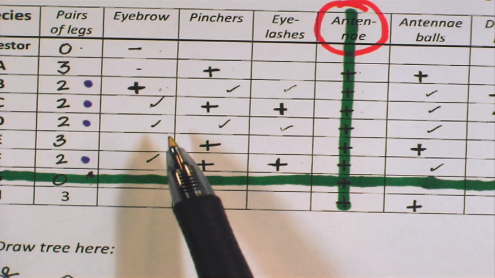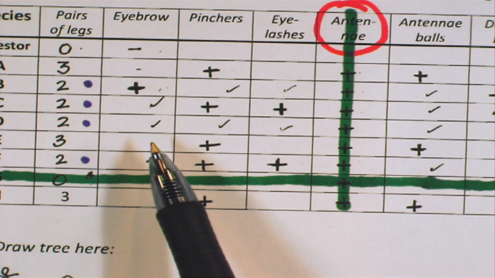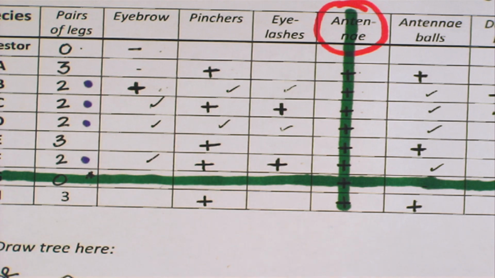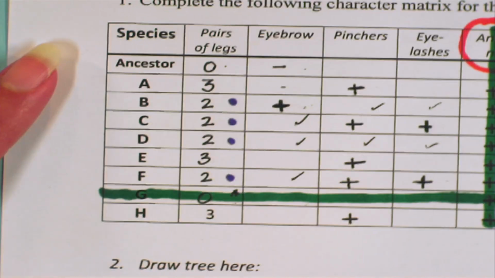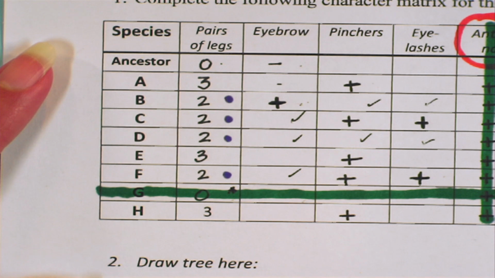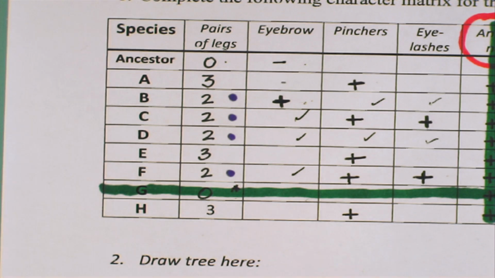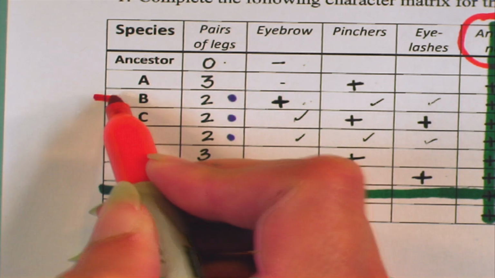As I go through this, I notice that I've probably got two that are going to be rather interesting, and those are D and B both. So let's go take a look at D and B. At this point, I'm going to focus my efforts on these two.